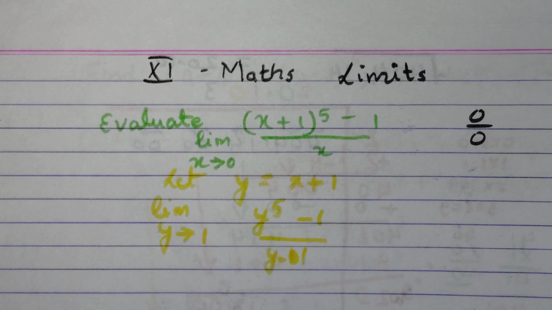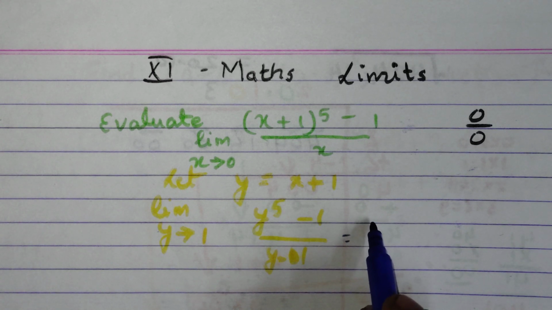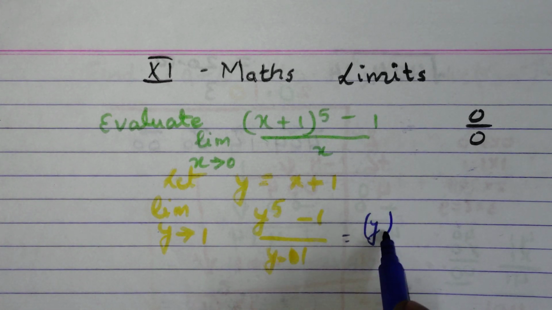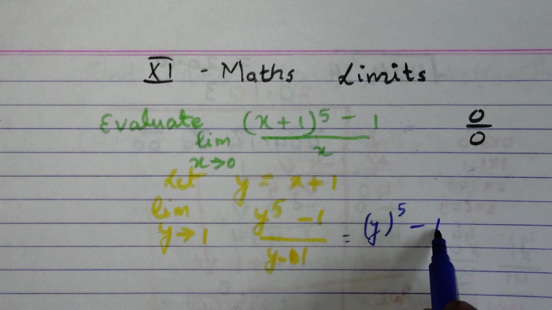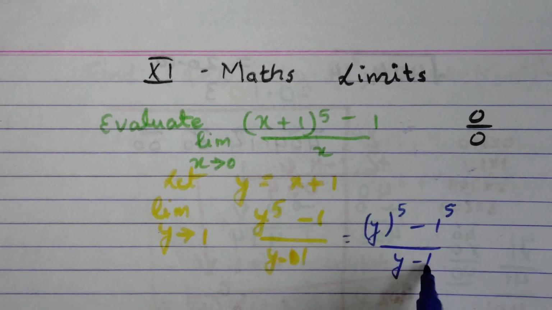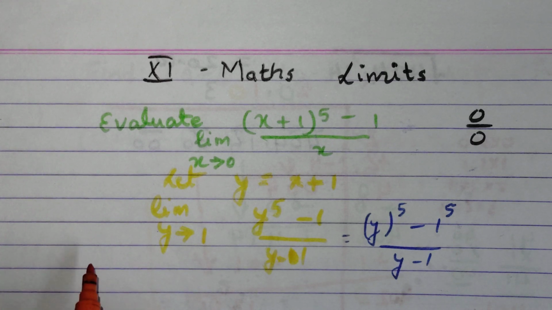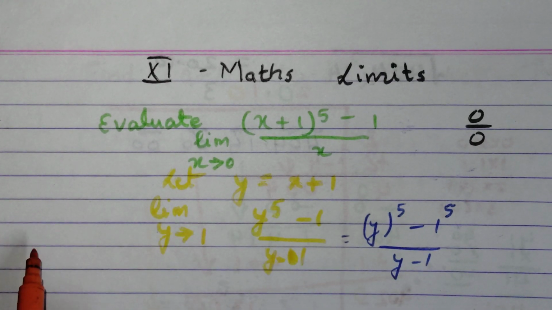Now using the identity of y raised to the power 5 minus 1, we factorize this numerator. If we don't know the factorization of y to the power 5 minus 1, then what we do is divide by y minus 1.